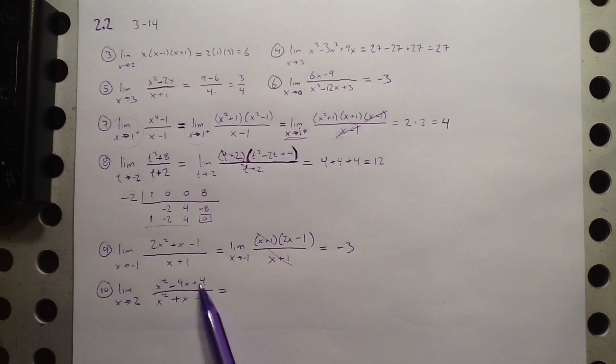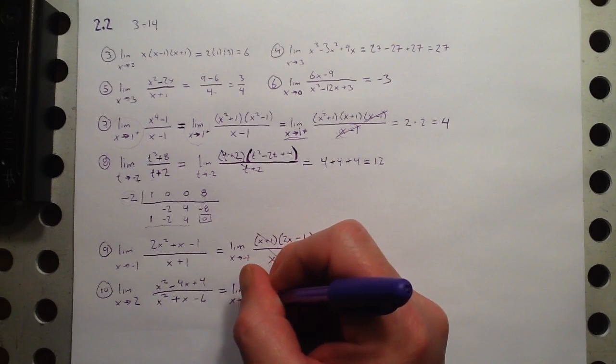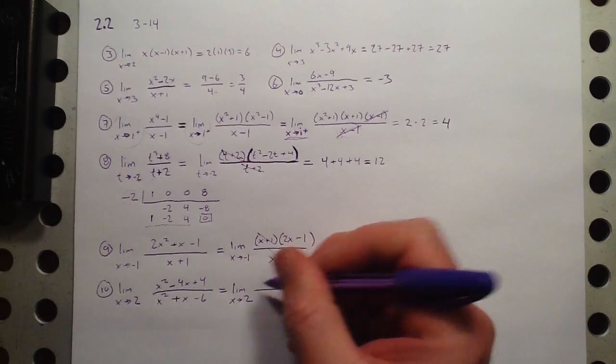So 4 minus 8 plus 4 is 0 on the top, and on the bottom, 2 squared is 4, plus 2, minus 6, that's also 0. So it looks like I have to do some factoring and canceling again. But just like before, I know the 2 is making both of these equal to 0, top and bottom.